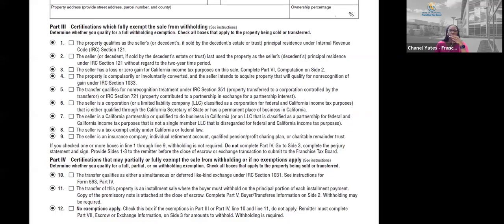So if the person is not going to report the sale on their return, then they shouldn't be involved in the withholding. It's going to be whoever's on title, whoever's going to report the sale, whether it's a business, individual, estate, or trust. Does that make sense? It all flows to the income tax return.